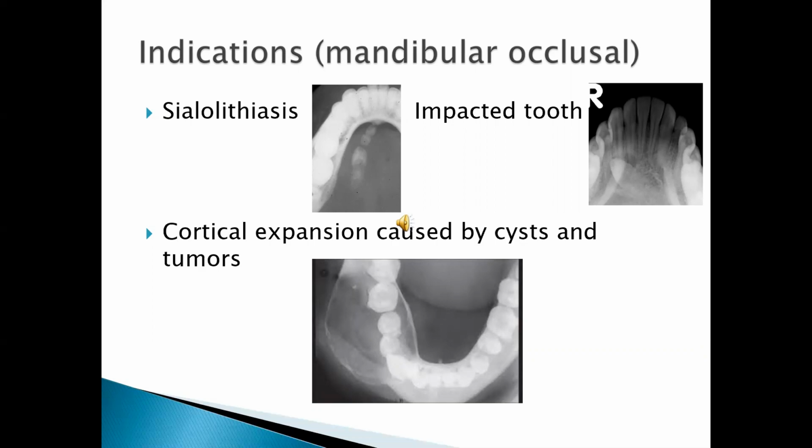Second one, you can see the mandibular anterior area and a tooth which looks more like an impacted canine. Third one, you can see the mandibular posterior area and you can see that the buccal plate has expanded to a great extent. Some amount of expansion in the lingual plate also. So we can always suspect the presence of a cyst or a tumor in that particular area.